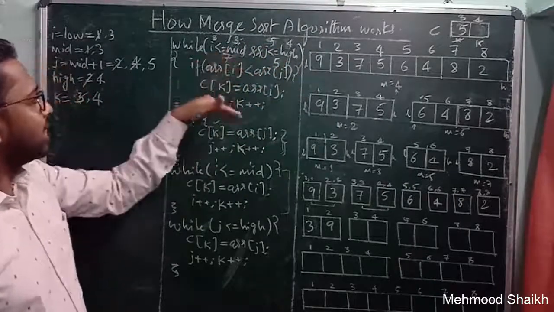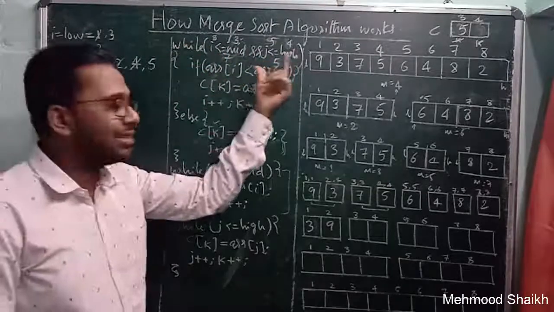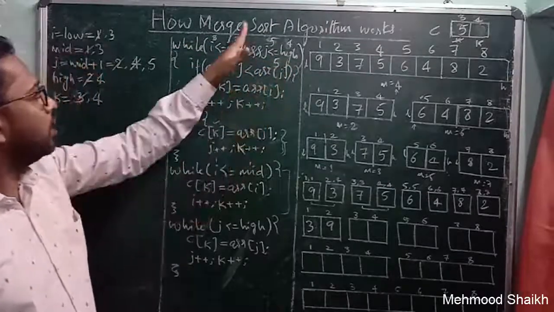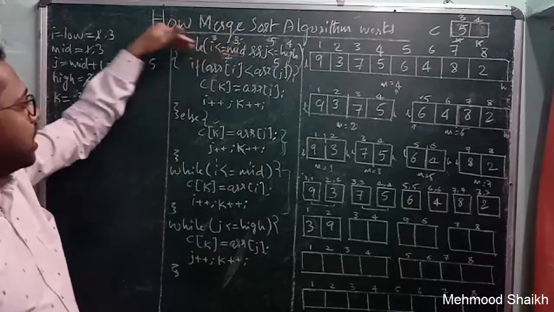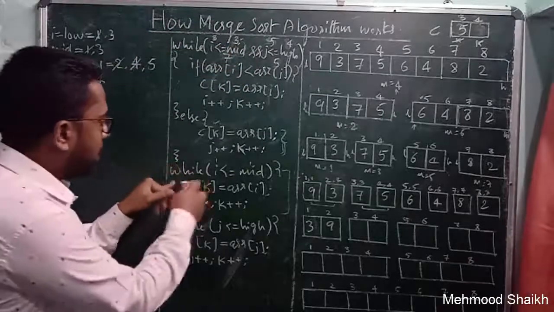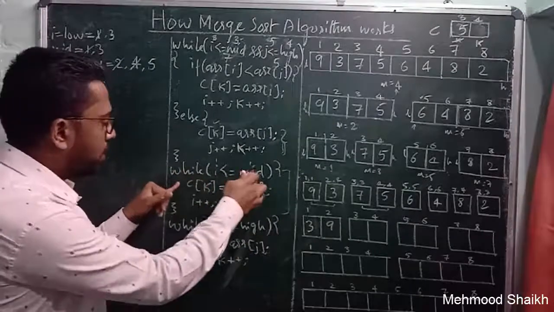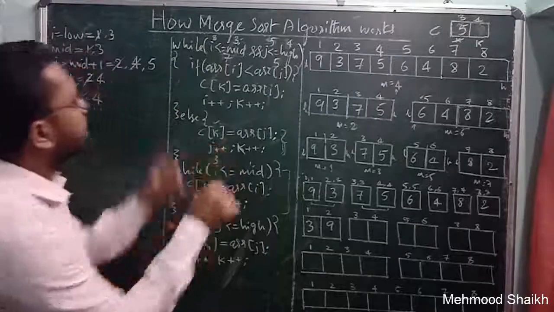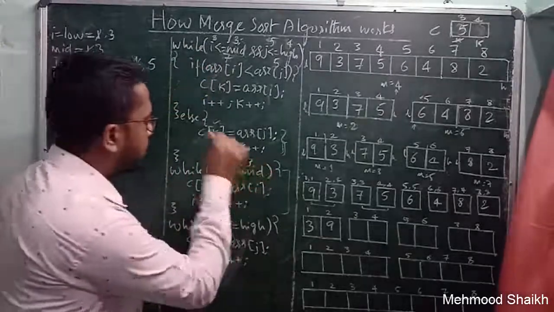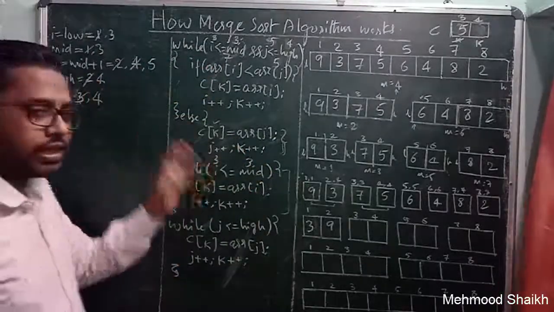So if we want to go inside this while loop, both of these conditions have to be satisfied. Since only one condition is getting satisfied, which is this I condition, it will come out from this while loop and it will come inside this while loop where I am checking only 3 is less than or equals to 3. Okay, yes, condition is true.